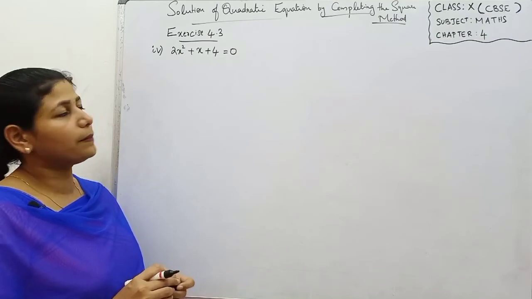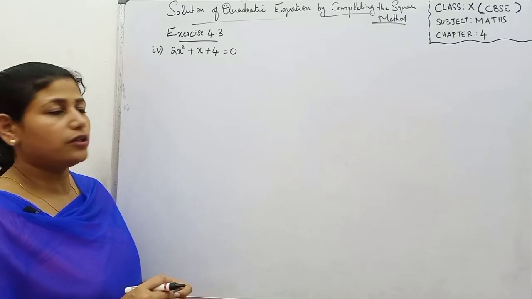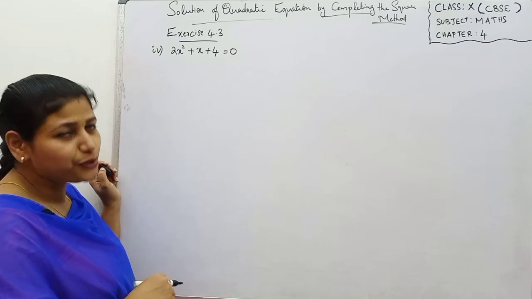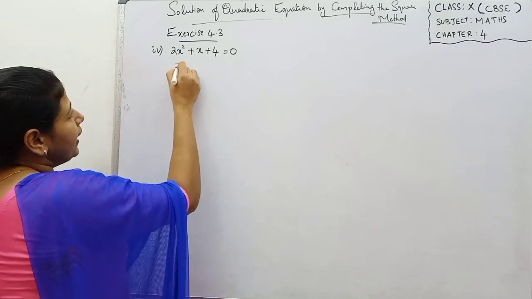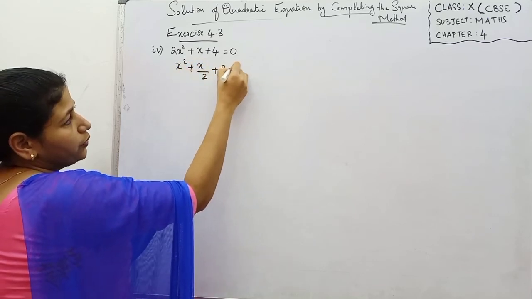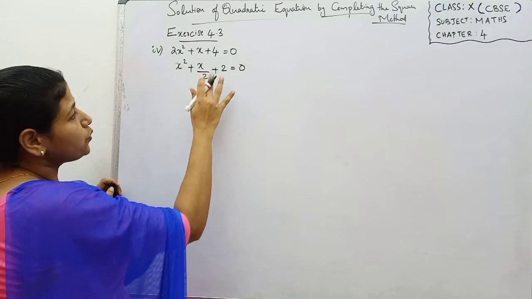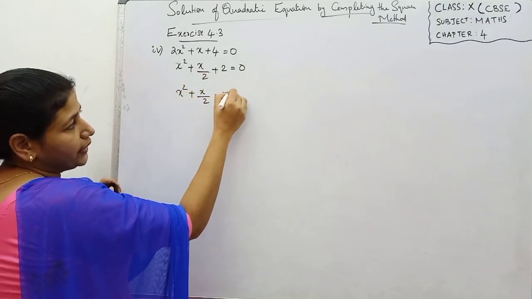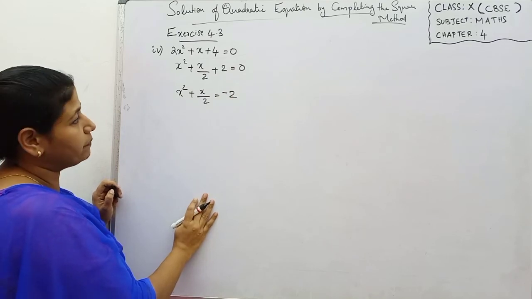Fourth question, 2x² + x + 4 = 0. First step, we have to divide all the terms by 2. So this will be x², this is x/2, and 4 by 2 is 2, equal to 0. Now take this 2 to that side, x² + x/2 = −2.